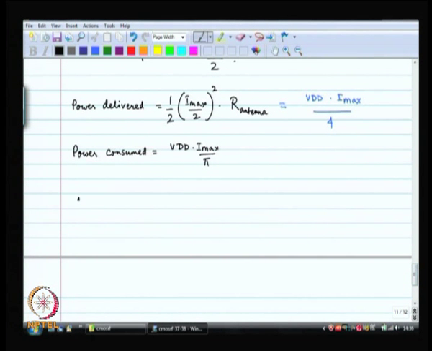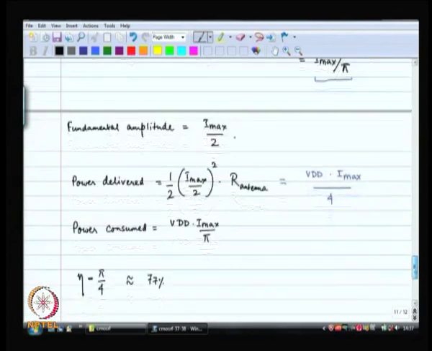So, therefore, the efficiency is how much? Pi by 4. Pi by 4 is something like, if you say pi is 3, then it is 0.75. Pi is a little more than 3, 3.14, right. So, it is something like 77%.